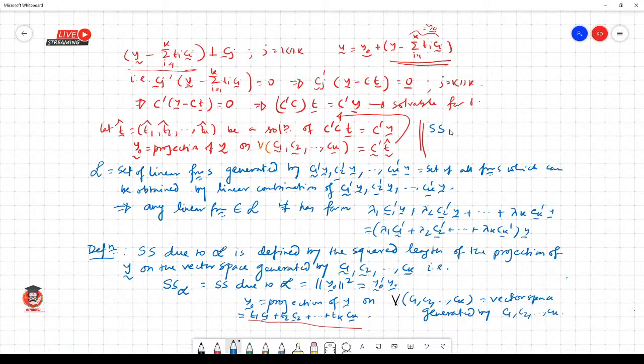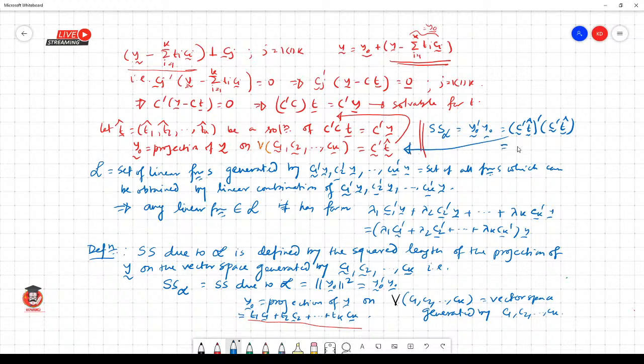Therefore SS due to script V, the sum of squares due to script V, is y naught curl prime y naught curl equal to the whole of c curl prime t curl hat, prime, c curl prime t curl hat.